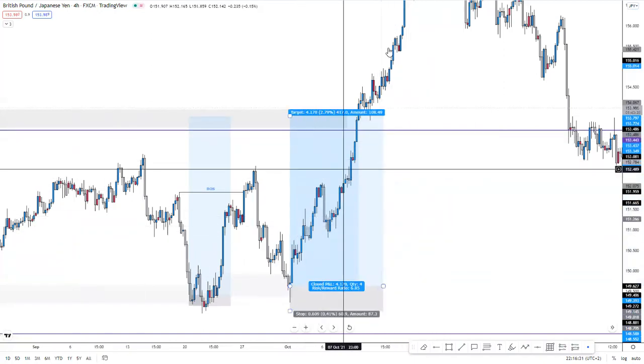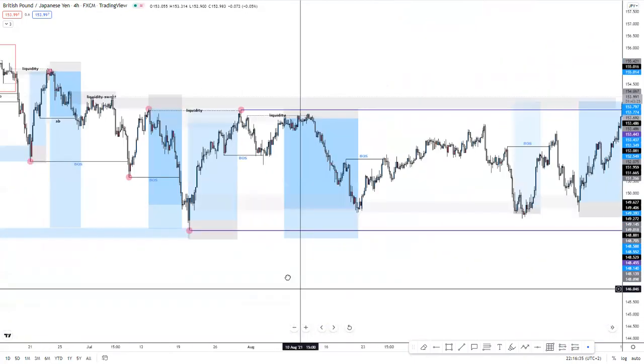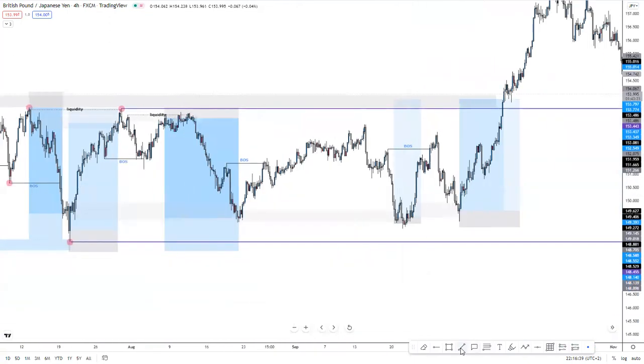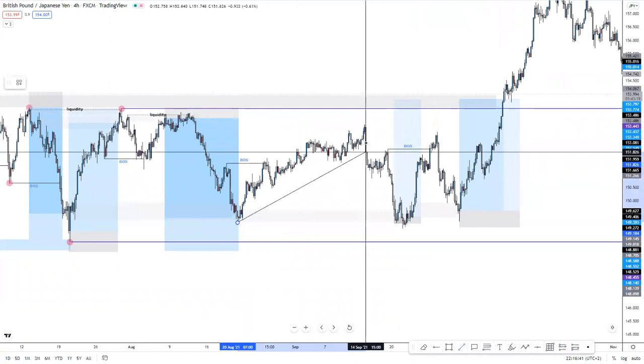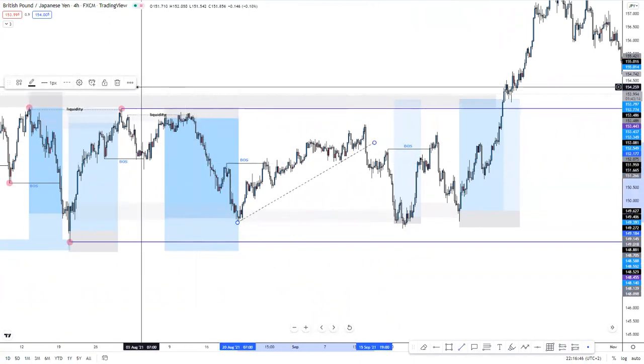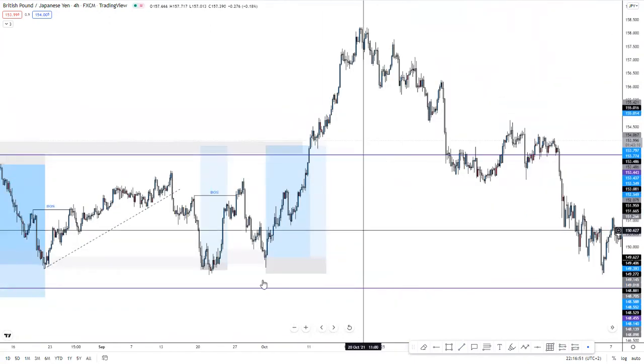What happens? We break out of the trading range, which means now we aren't bearish anymore. Price is shifting into bullish momentum, right? You can obviously see that there's little patterns like trend line liquidity that was formed here. And then price just suddenly bursts out and says, I'm gone.